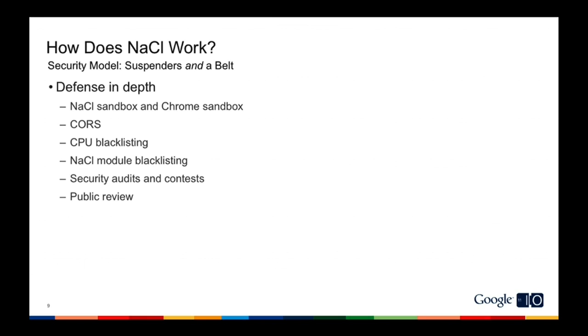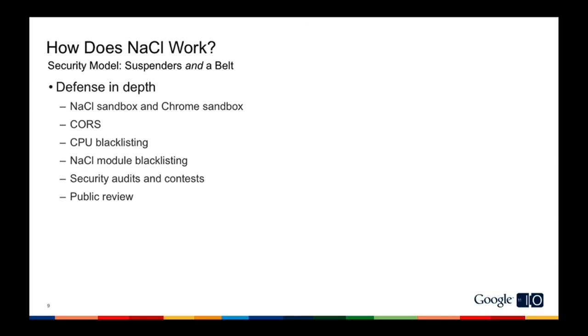So that's the kind of approach we're taking: let's try to get as many defensible layers as we can between the native code and the OS. We do this by having our own sandbox that runs native code. It runs alongside the Chrome sandbox. So actually, malicious code has to get out of 2 sandboxes in order to do anything. It's pretty hard to do.